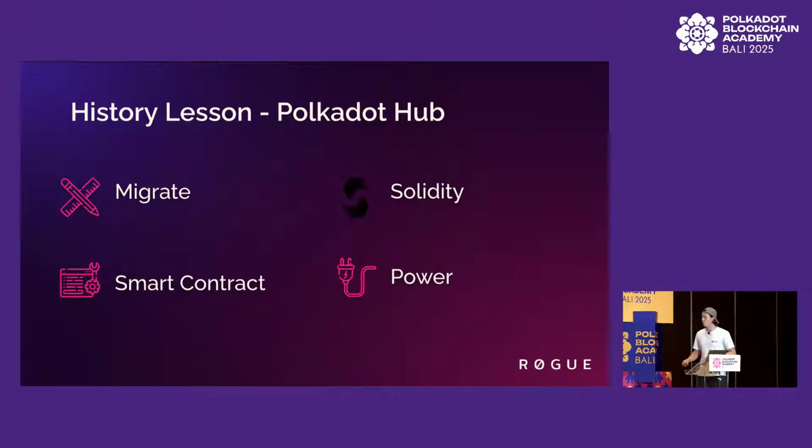So, change of strategy. One year ago, the Polkadot Hub idea came to life. We have all these Polkadot functionalities on Polkadot itself and the system chains. Let's migrate that all to Asset Hub and put smart contract functionality on there.